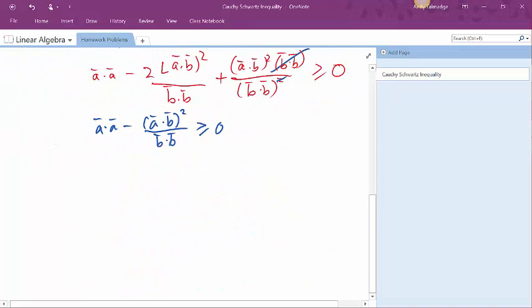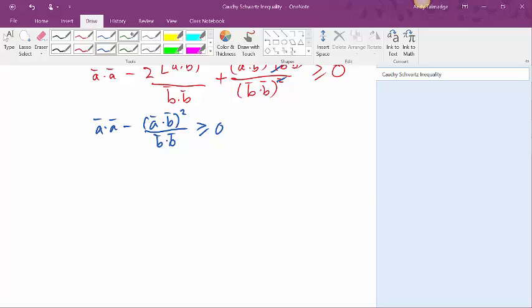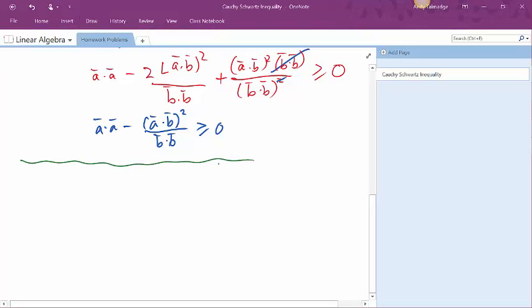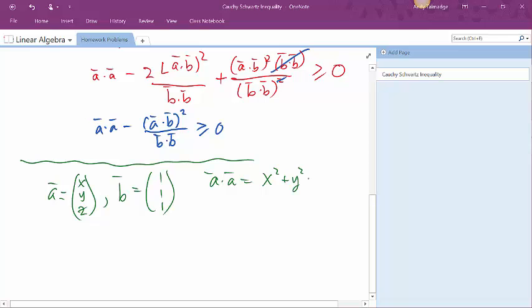And the second problem involved taking this result and applying it to the vectors A is x, y, z, and B is the vector 1, 1, 1. So A dot A becomes x squared plus y squared plus z squared.